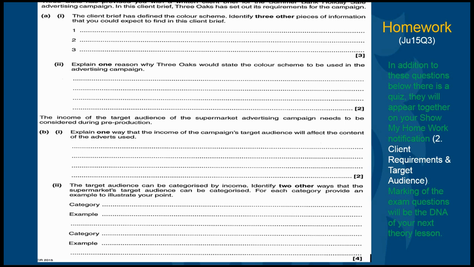So there will, as ever, be a homework for this particular section. The client briefs will be explored again, as well as items on the target audience, and each of those things that we've been looking at will come into play. So you really do need to make sure you understand, once again, exactly what it is that you're trying to get.